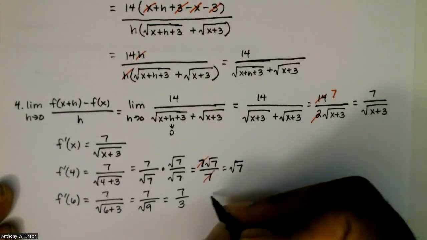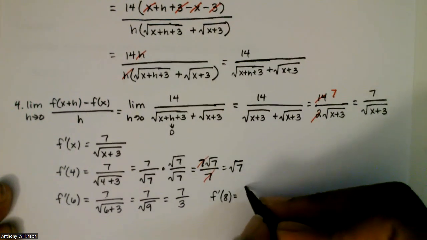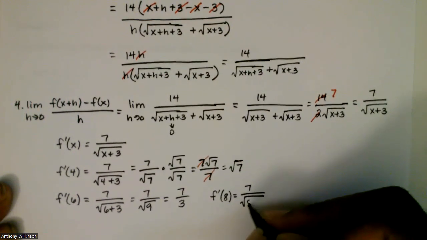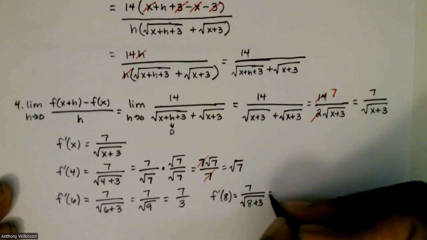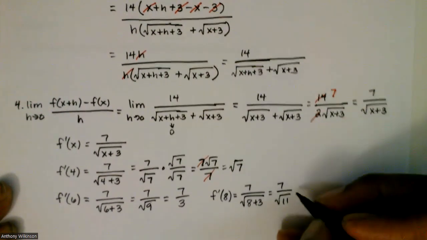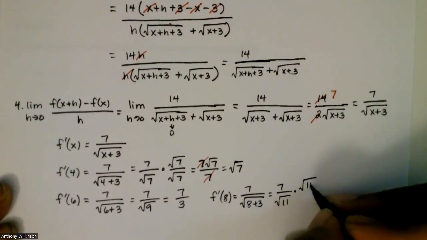Let's see. And finally, f prime of 8. So this will be 7 over the square root of 8 plus 3. So it'll be 7 over the square root of 11. And we'll multiply the numerator and the denominator by the square root of 11.